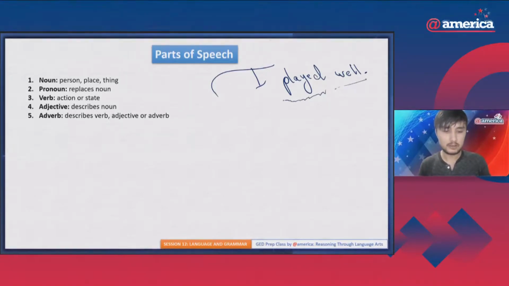So I played really well, very well. We'll get to that. So we said that it describes verbs. In here we can see that well has described play, which is a verb. But the next one we said that it describes adjectives.